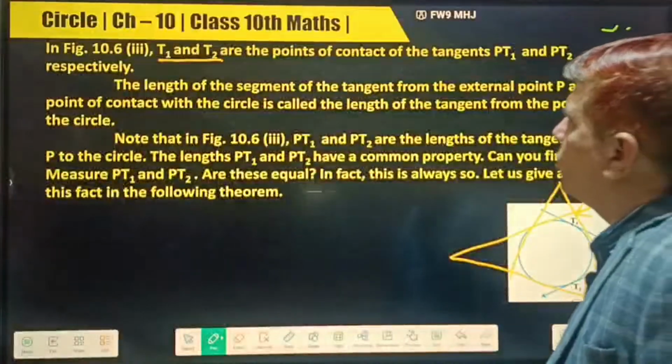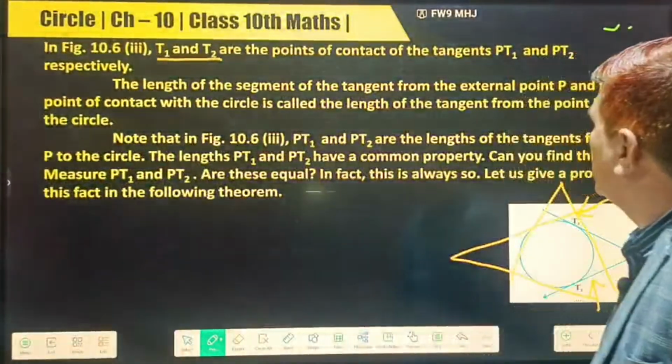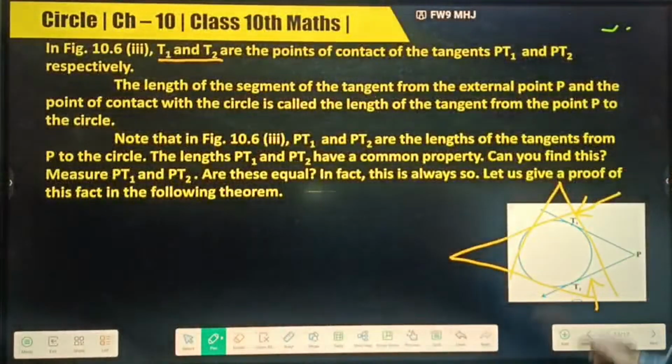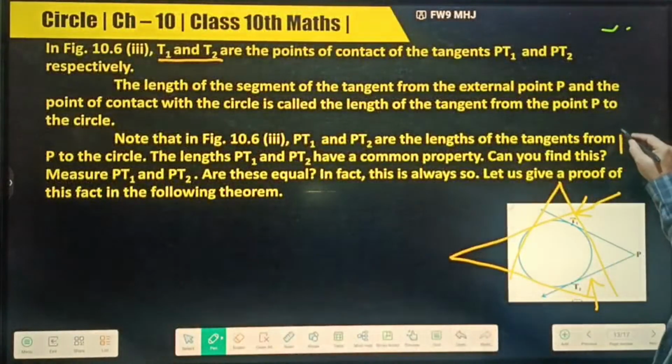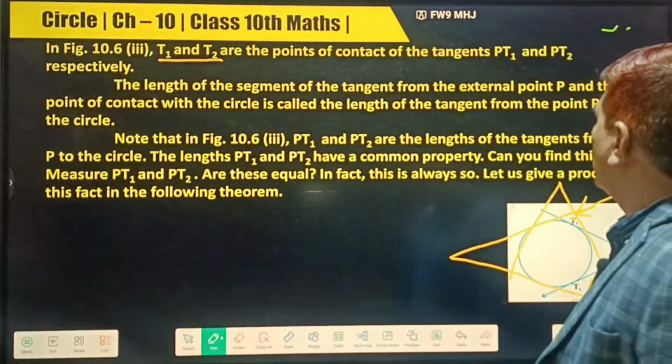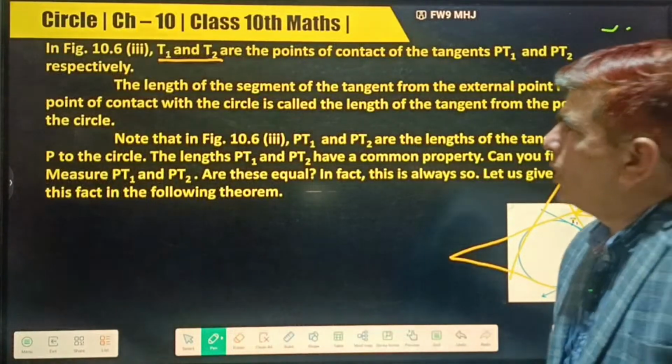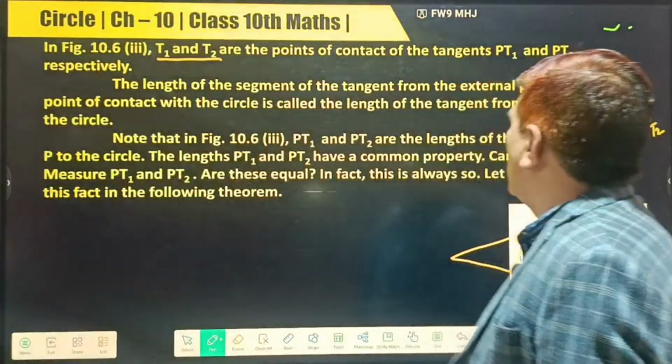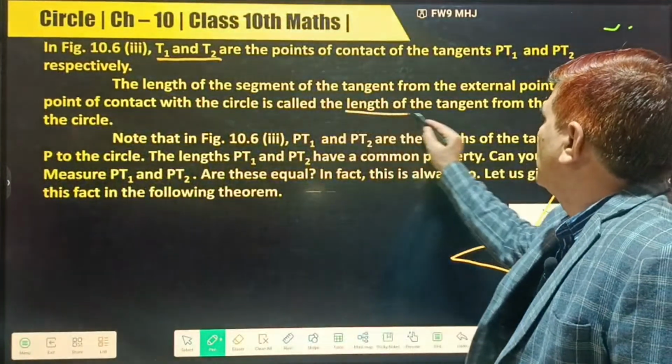T1 and T2 are the points of contact of the tangent. PT1, and later on we will prove PT1 equal to PT2. The length of the segment of the tangent from the external point P to the point of contact with the circle is called the length of the tangent.